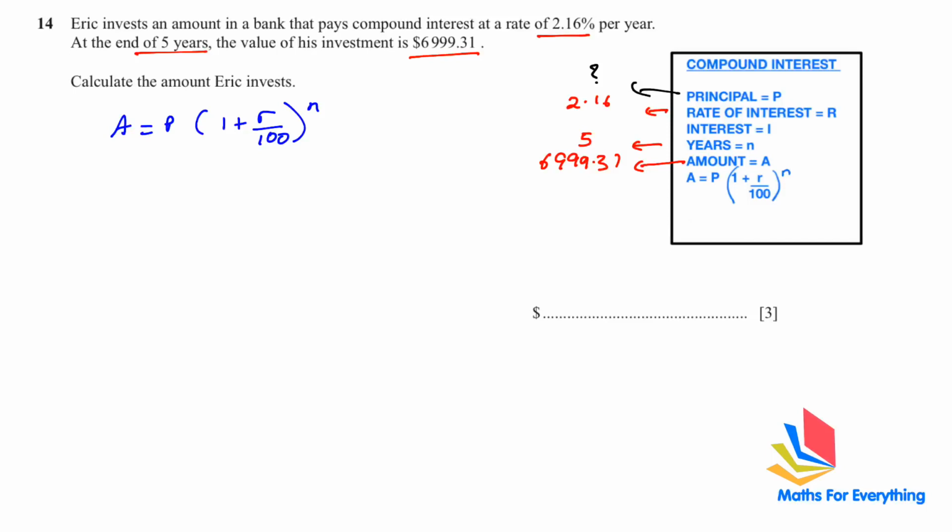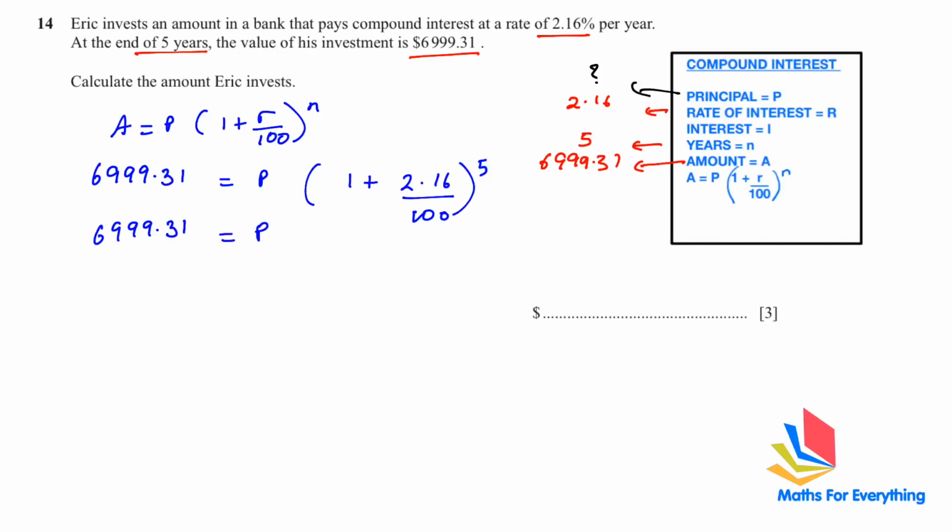Replace the values given to you. So 6999.31 is equal to P times (1 plus 2.16 over 100) to the power of 5. This will give us 1.1127.